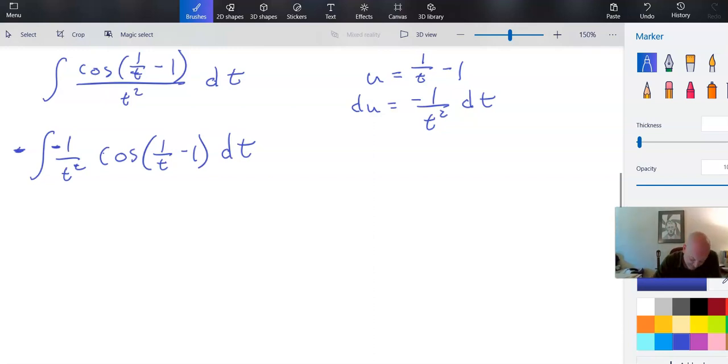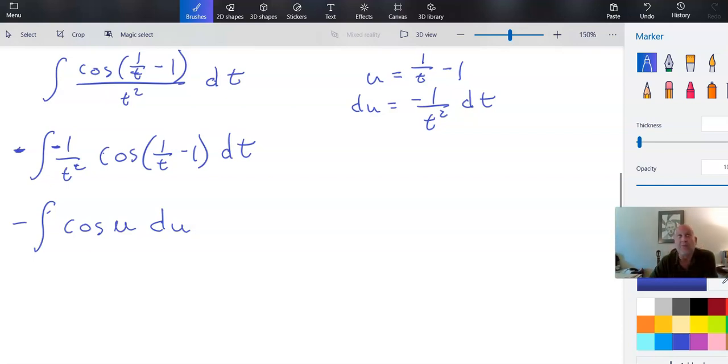Okay, so it looks like now I have everything. So, okay, let's do this. So now this is the integral of, let's see, that would be cosine u, and then negative 1 over t squared dt is my du. So we've actually simplified this quite a bit.